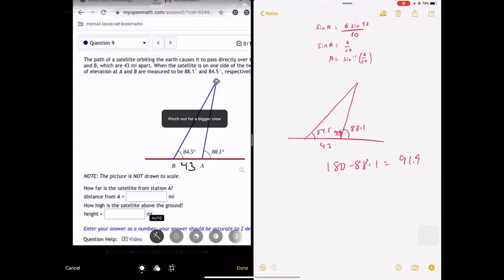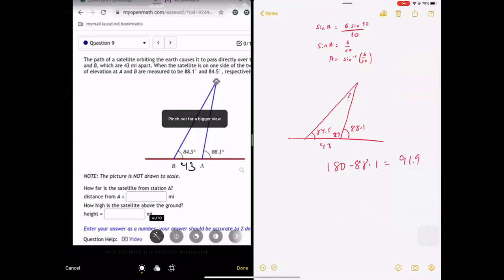Can we use law of sines to solve for this problem? Do we have an angle side pair? Yeah, we do. So do we know this angle yet? Yeah, we could, right? We can find it.